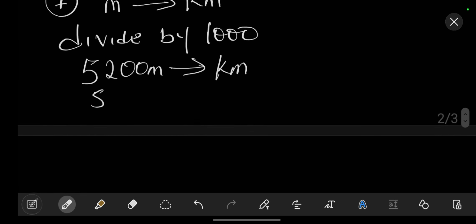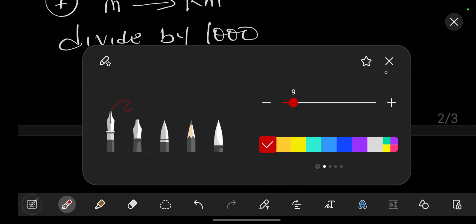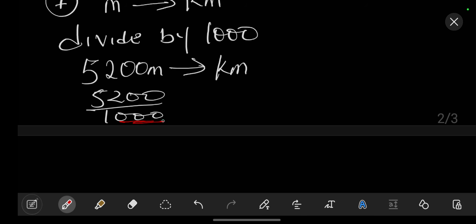Simply have to take that value, which is 5200, then divide by 1000. So as always, I don't need a calculator, I simply have to use the exact thing I did before. So here I have 3 zeros, so I'll move the decimal 3 places backward. So our imaginary decimal is here as always.